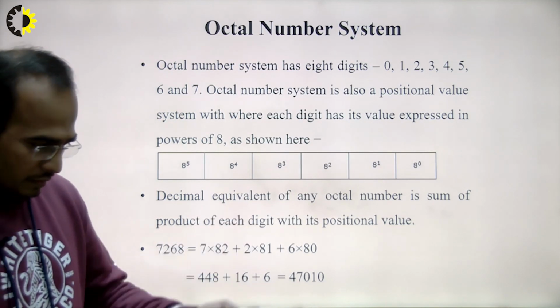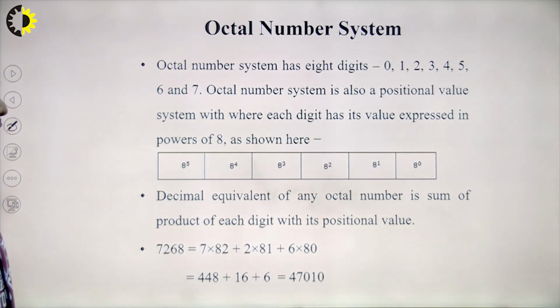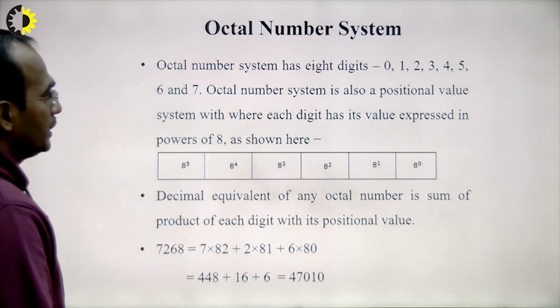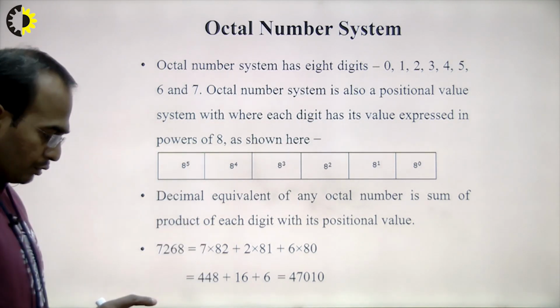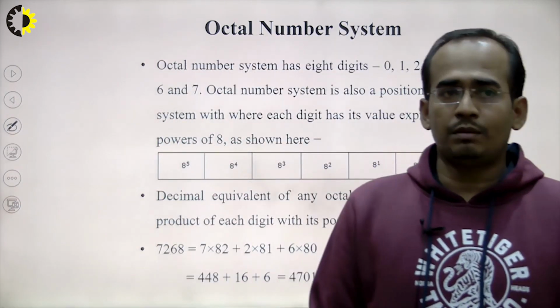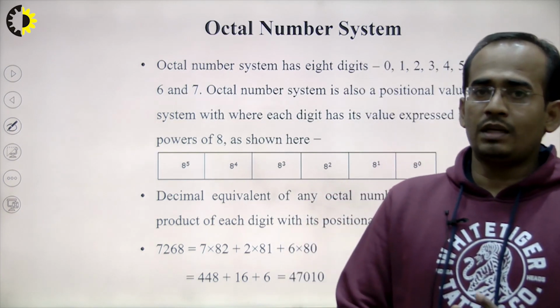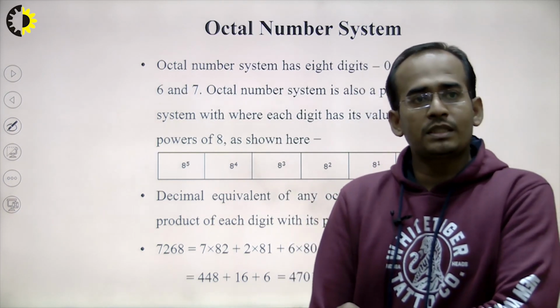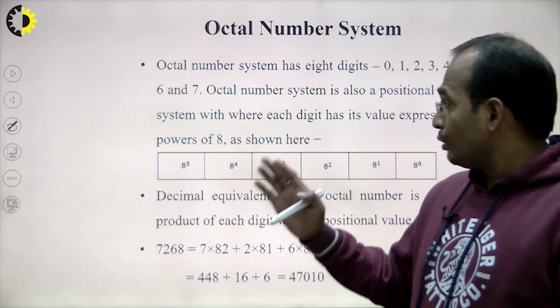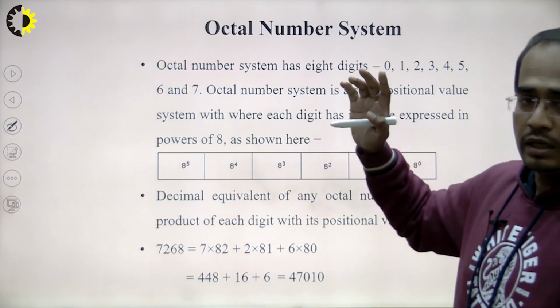Now, come to the next number system, that is the octal number system. First of all you should know, if I am saying this is a decimal number system, it means I am using 10 digits; in binary number system I am using 2 digits; in octal number system I am using 8 digits.